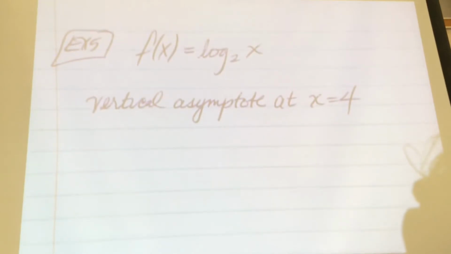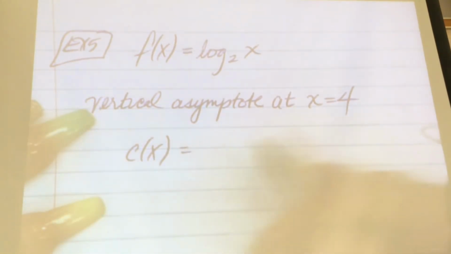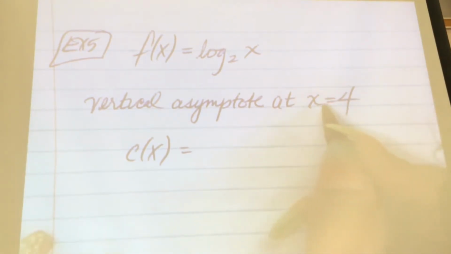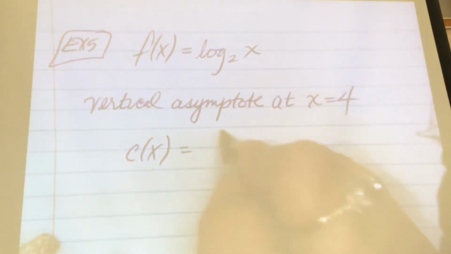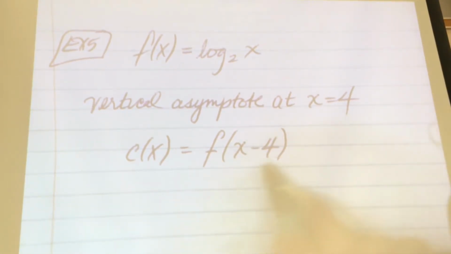So in this example 5, they want you to create a new function called c of x that has an asymptote at x equaling 4. That's going to be f of x minus 4. Now, why isn't it x plus 4? Because remember, you're going to set this equal to 0. And when you set x minus 4 equaling 0, you get x equals 4, not negative 4.